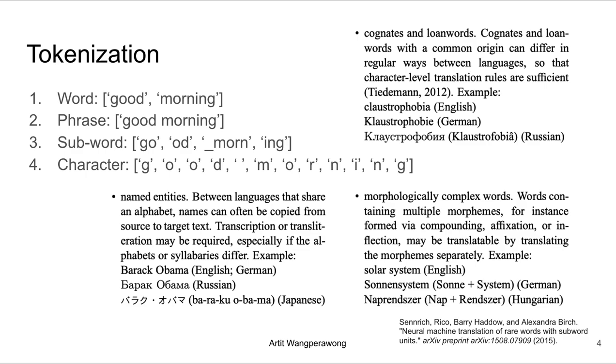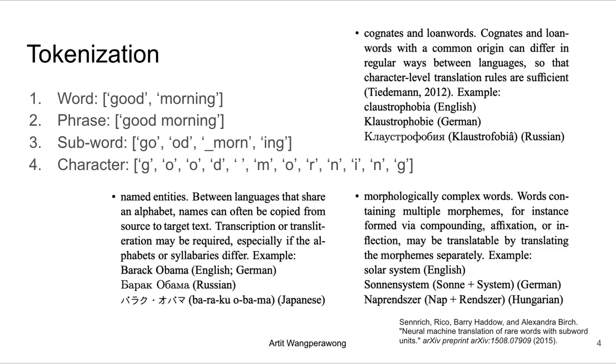Between languages that share an alphabet, names can often be copied from the source to the target text. For those that don't share exactly the same alphabet, transcription or transliteration may be required, especially if the alphabets or syllables differ. For example, Barack Obama in English and German is the same thing. In Russian, it's spelled differently, but the form and the sounds are essentially transliterated, the characters, and likewise in Japanese.